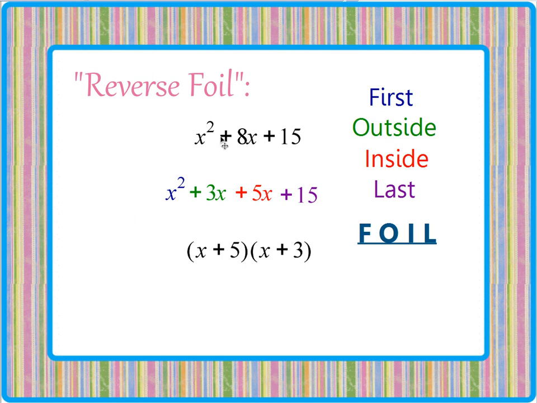We were able to, earlier this year, go from this quadratic to its 2 binomial factors. We found numbers that multiplied to 15 and added to 8 and put those into 2 binomials, but really what we were doing was reversing our multiplication.